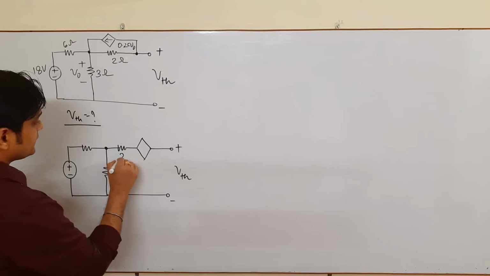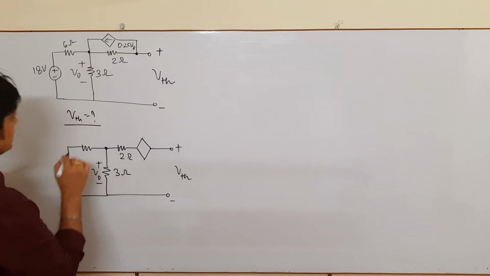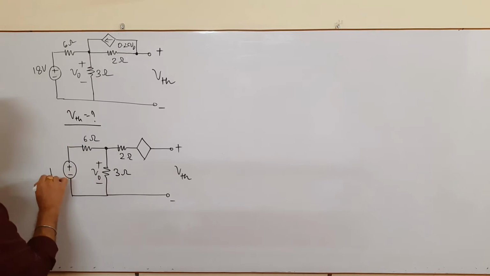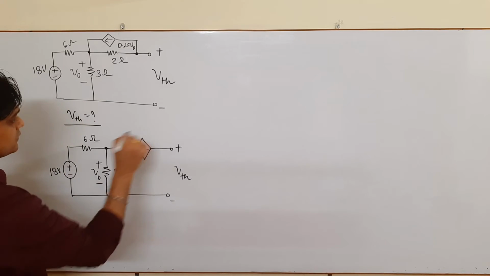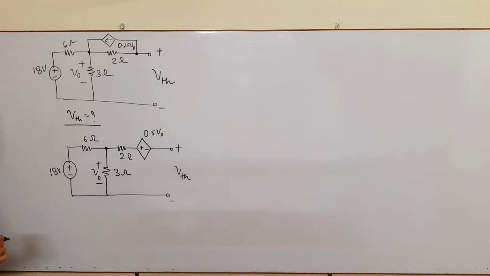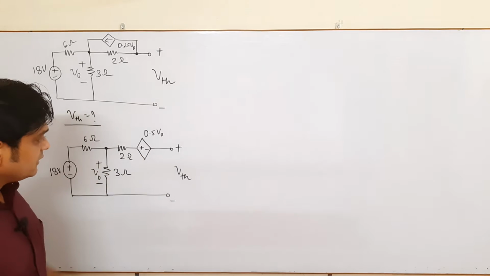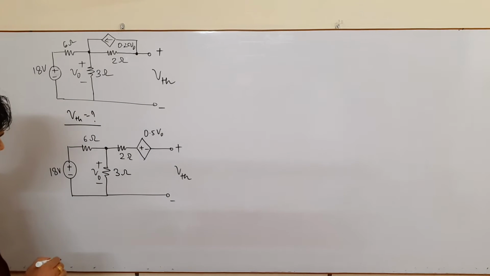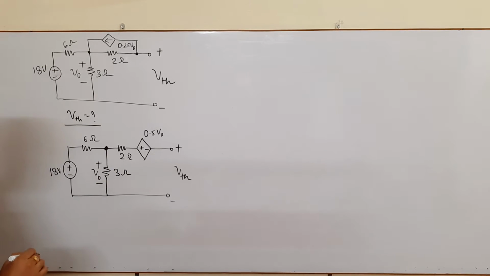Okay, so this is 2 ohm, this is 3 ohm, this is V naught, this is 6 ohm, this is 18 volt, and here is the voltage source of 0.5 V naught by applying a source transformation technique. Okay, by applying a source transformation technique, we have converted this into 2 ohm in series with 0.5 V naught.